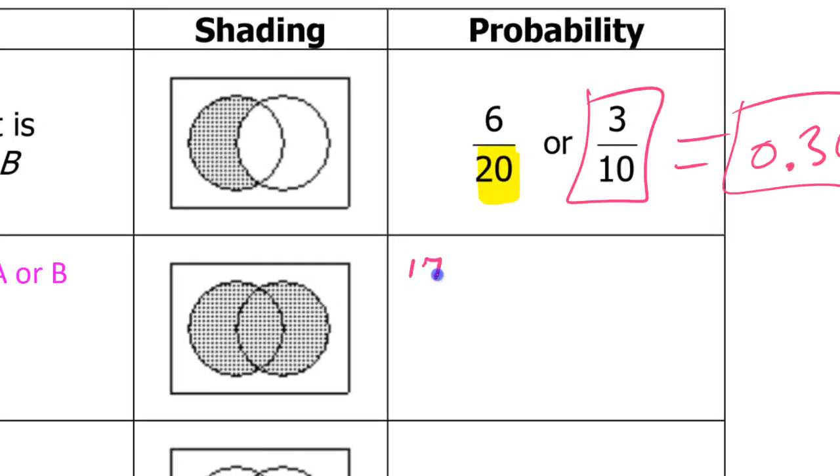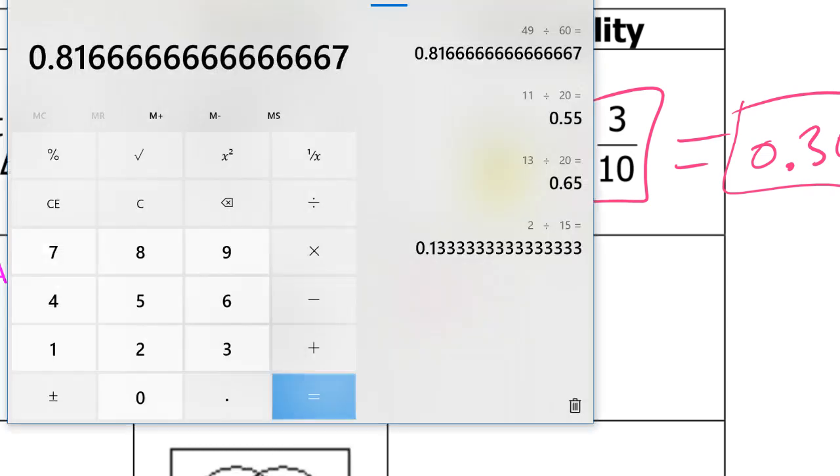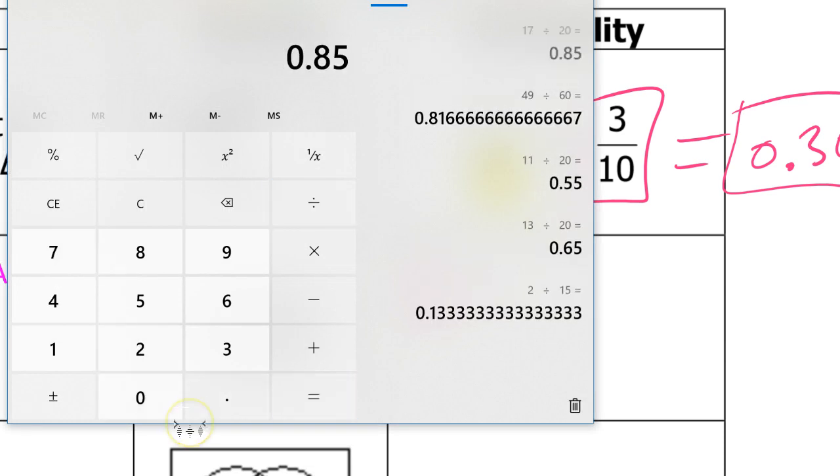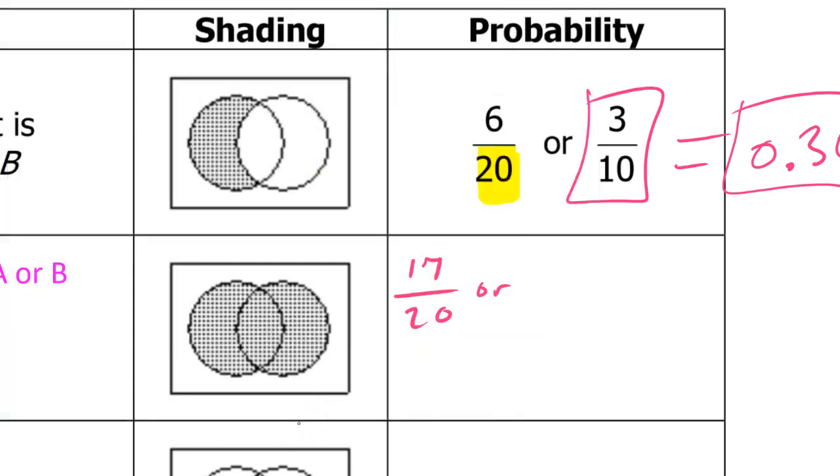So we have 17 out of 20. So as a decimal, 17 divided by 20, that's 0.85. So that's the decimal form, which if we move the decimal point twice, gives us 85%.